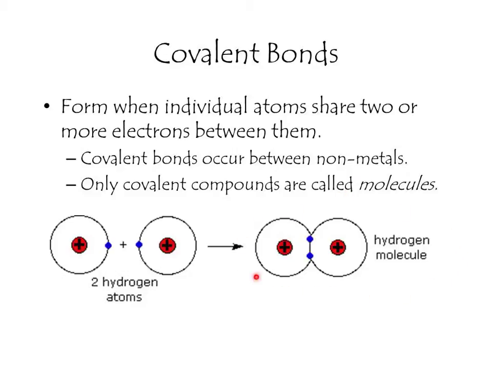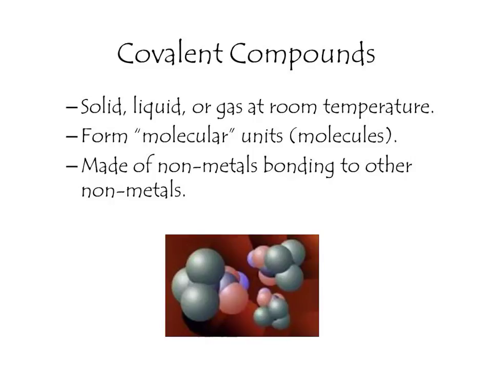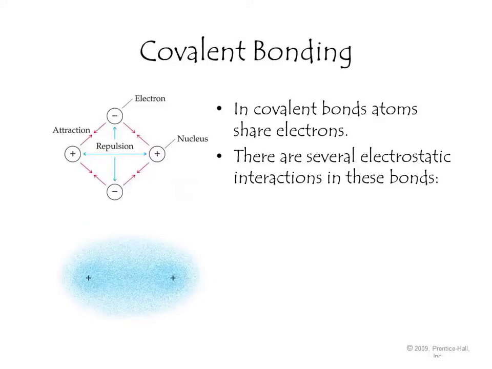Here's a hydrogen molecule. You have two hydrogens and they're sharing these two electrons. Now, covalent compounds can be solid, liquid, or gas at room temperature, and they form molecular units, so molecules, and are made of nonmetals. Covalent bonding is the sharing of electrons, and there are several electrostatic interactions within these bonds.